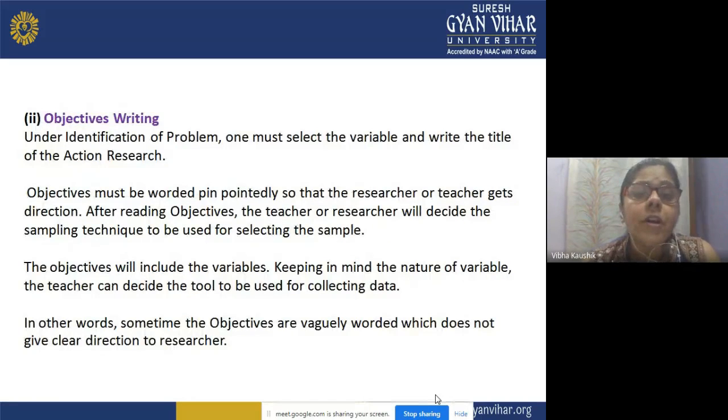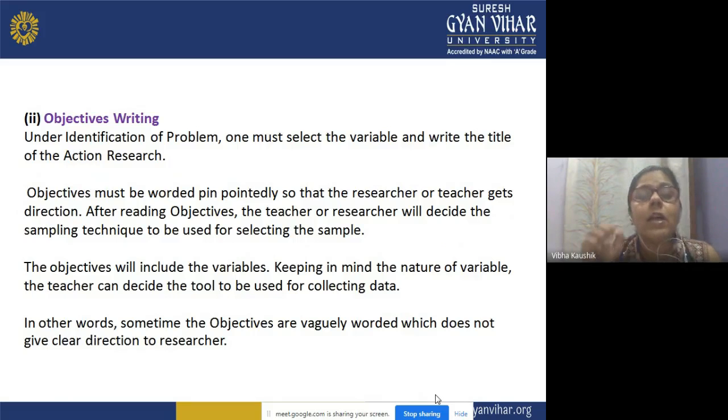Now, after deciding the title or writing the statement of the problem, we have to frame our objectives. Under identification of problem, means we have identified the problem, one must select the variables. We have selected the variables and written the title of action research. Objectives must be worded pinpointly.